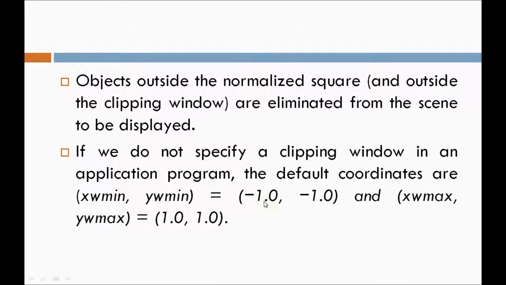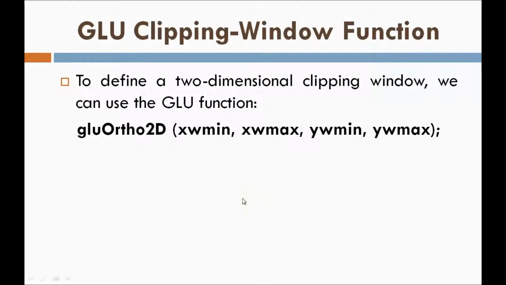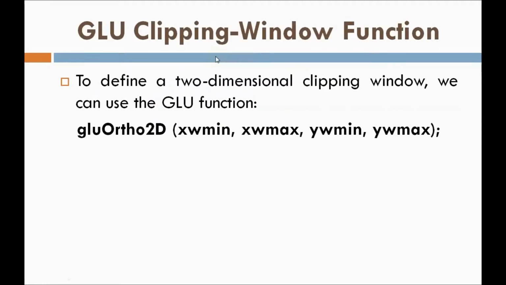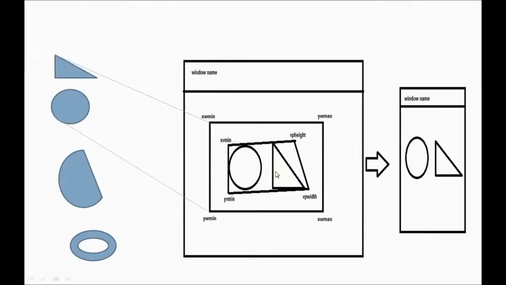Getting, guys? Now you know that to display the image, first I have to set the projection matrix, then I have to set the clipping window using gluOrtho2D. Next, you have to set the viewport function. I told you sometimes the clipping window and viewport will be the same size, but in my case, the viewport is inside the clipping window.